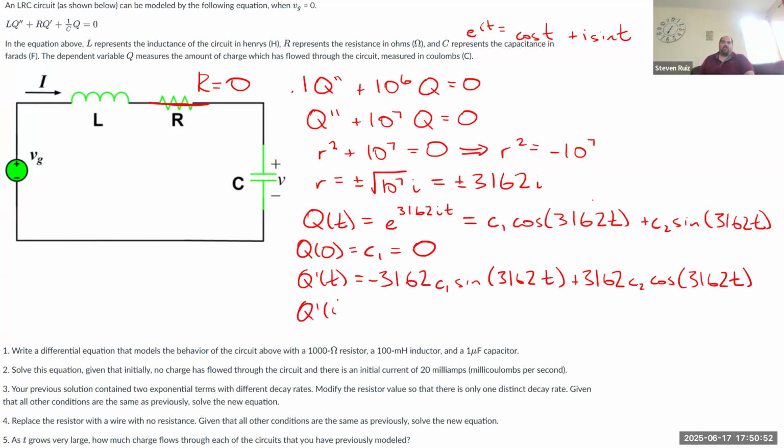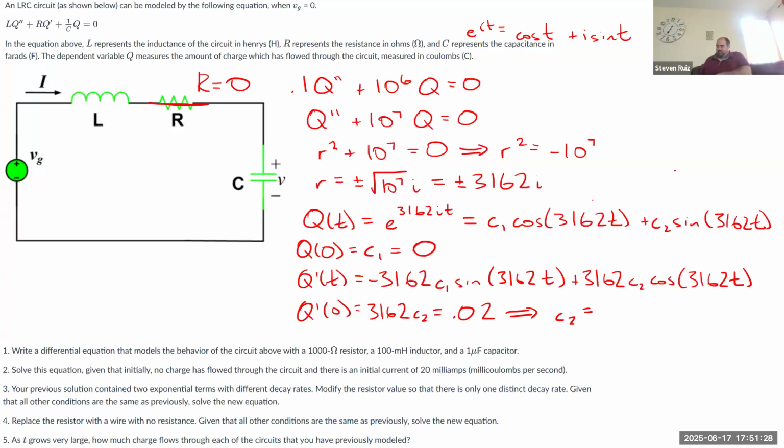Q prime of 0 is equal to, first term vanishes, second term becomes 3162 C2. And I know that when I plug in 0, I get that current of 0.02. So what do I get for C2? C2 is equal to 0.02 divided by 3162 equals something so minuscule.